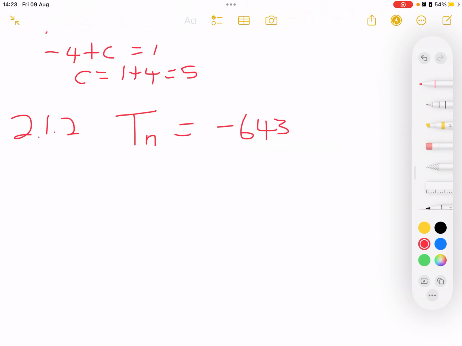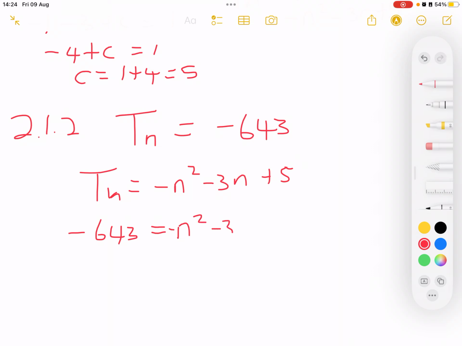But we have just given Tn a name in the above, that Tn can be given by negative n squared minus 3n plus 5, which means now that Tn, negative 643, is equal to negative n squared minus 3n plus 5.